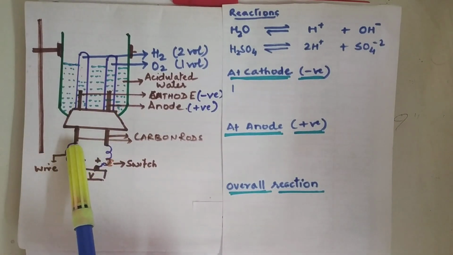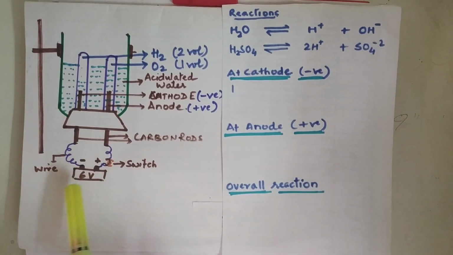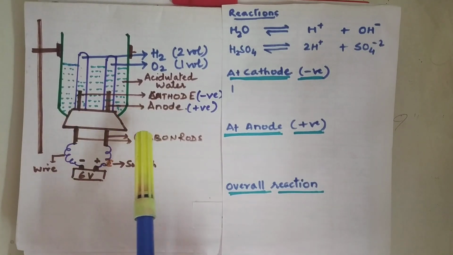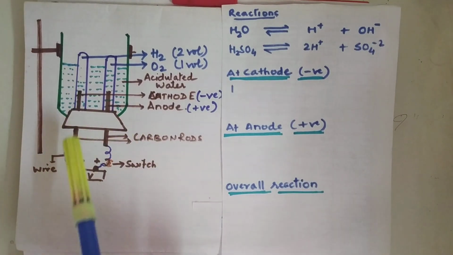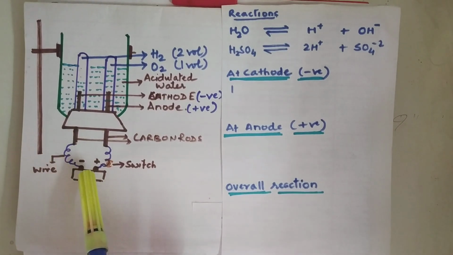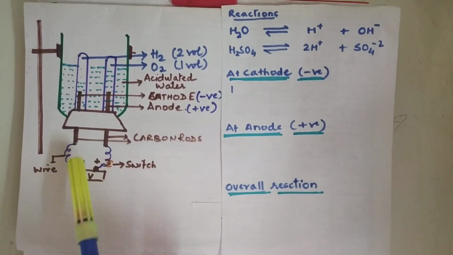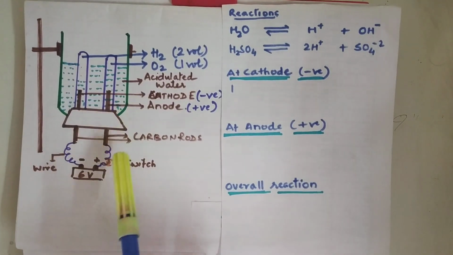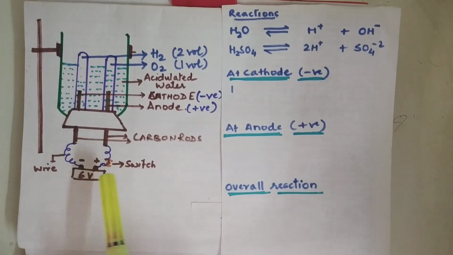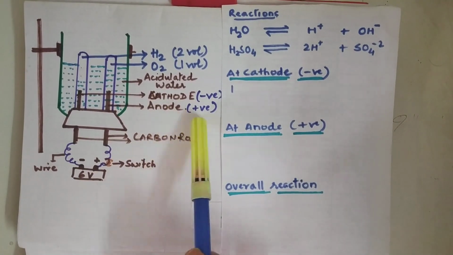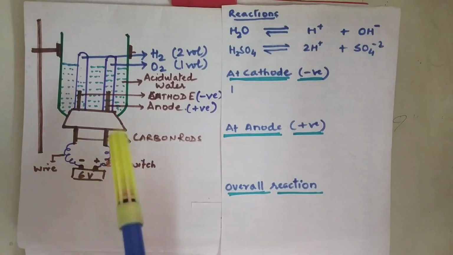These rods are connected to the two terminals of the battery and they will act as electrodes. The carbon rod which is connected to the negative terminal of the battery is called the cathode, and the one which is connected to the positive terminal of the battery will be called the anode. It will serve as the positive terminal of this cell.